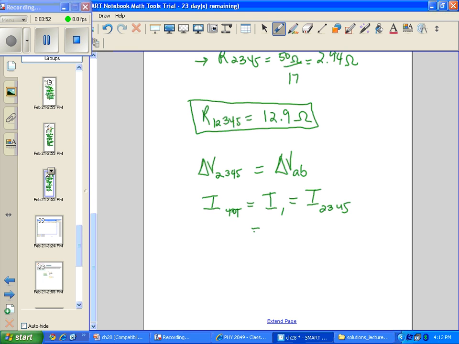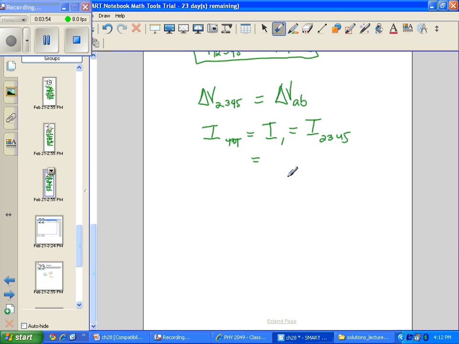And because of Ohm's law, we are able to get I total by taking delta V total, dividing it by R total, that is the R12345, and we plug in our numbers, we get 1.93 amps.